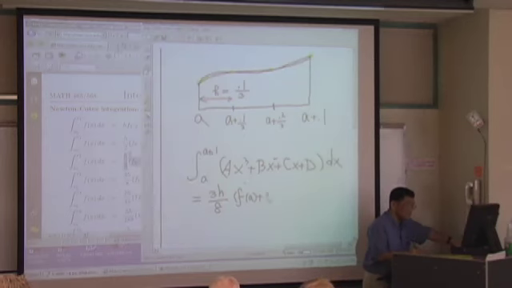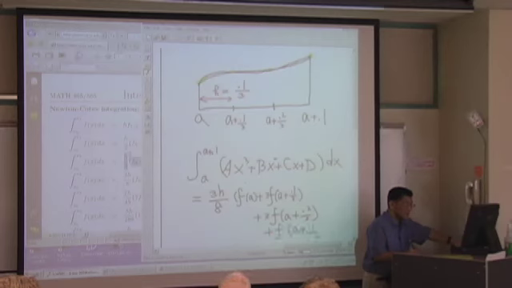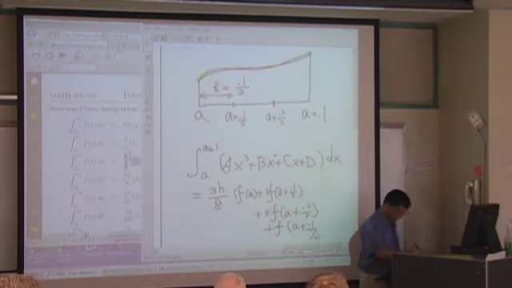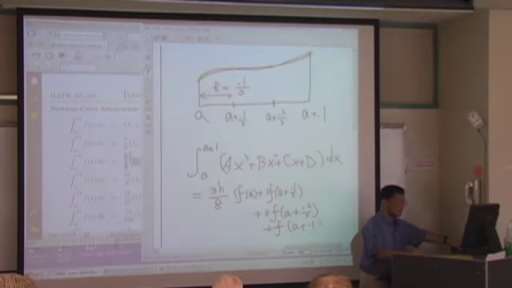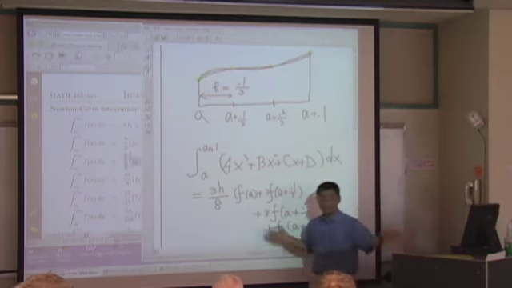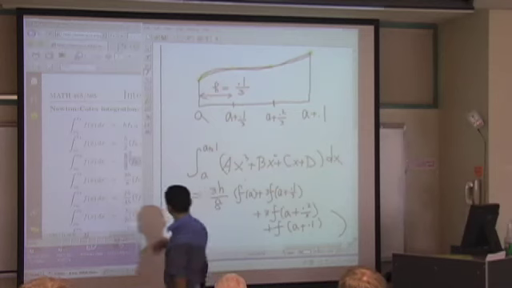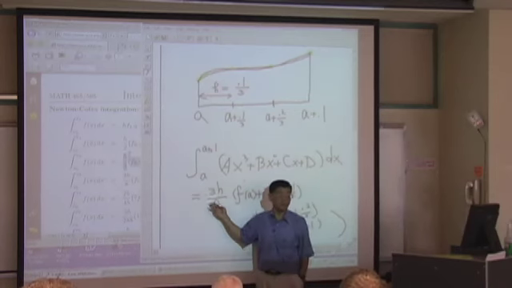The 3 f of a plus 0.1 over 3, and then 3 times f of a plus 0.2 over 3, and then f of a plus 0.1. So this is the thin piece that you can calculate using the 3/8 rule.